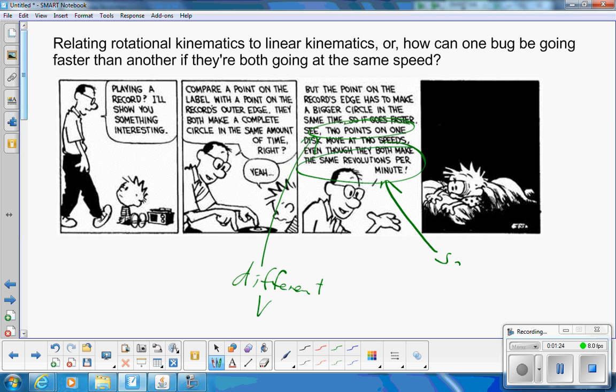They both have the same angular velocity. And so how is that possible? Well, it's possible because it is. So let's see how and why.